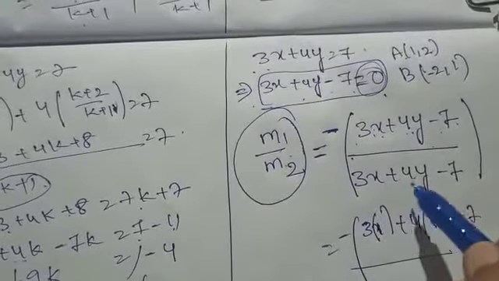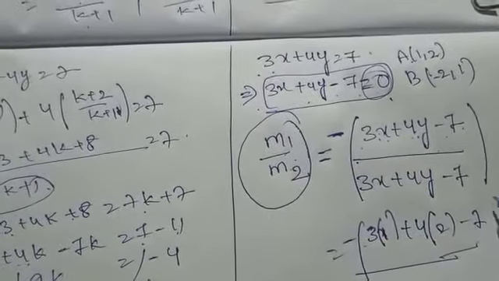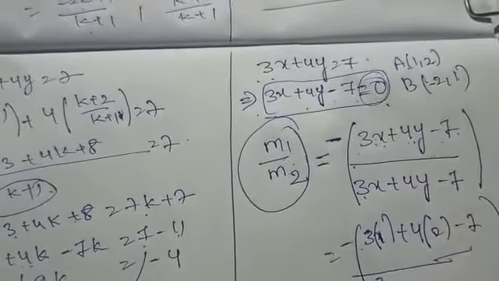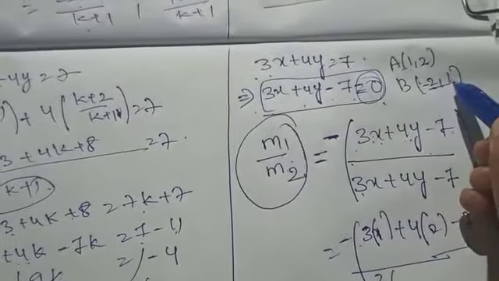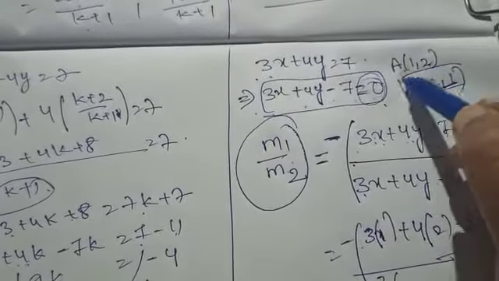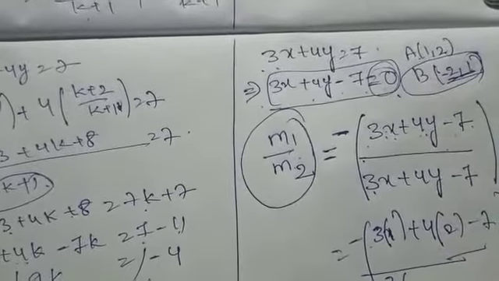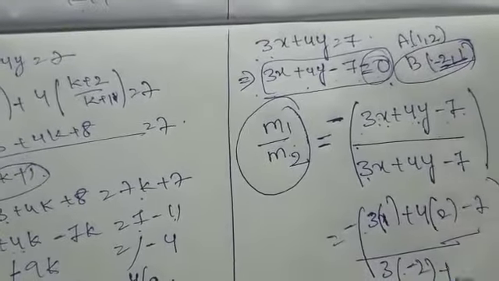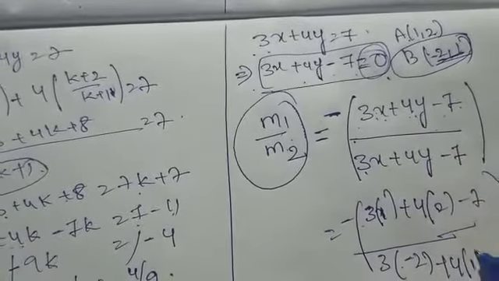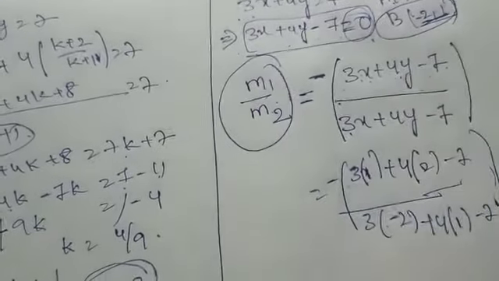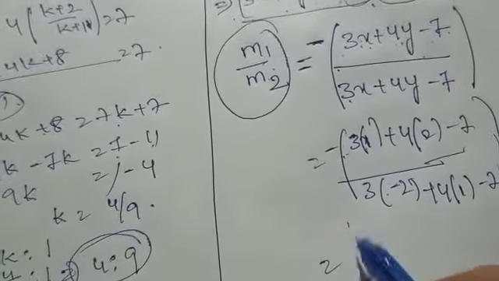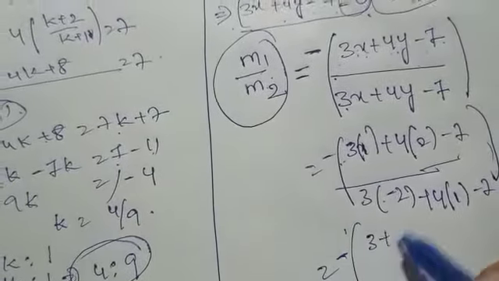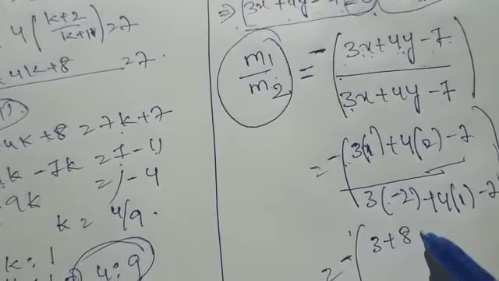Then in the denominator, substitute the B value in this expression: x value -2, y value 1.